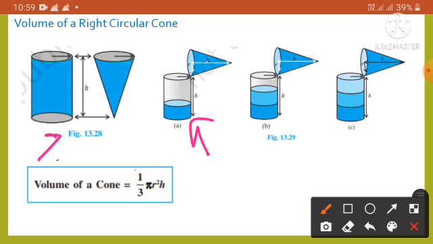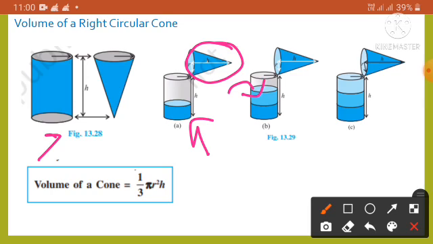We find that it fills up only a part of the cylinder, as in figure A. When we fill the cone again to the brim and empty it into the cylinder again, we can see that the cylinder is not full yet.